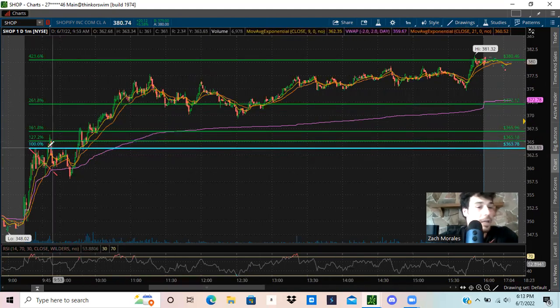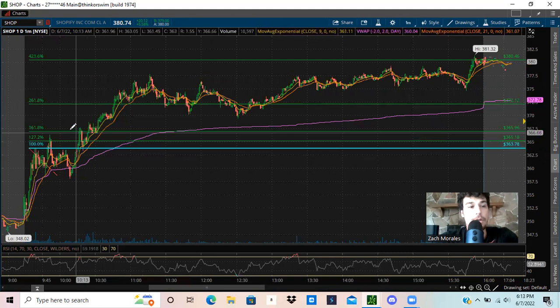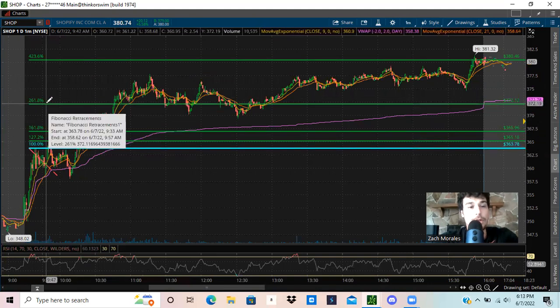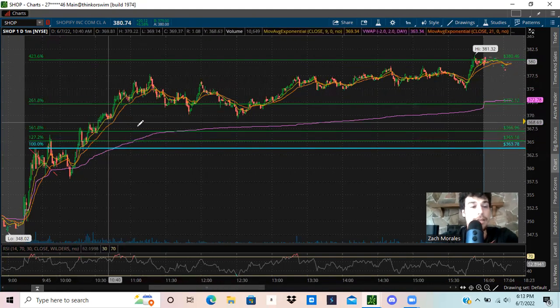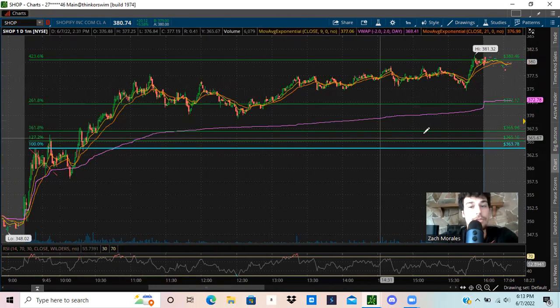A lot of times, what I like to do is wait for the breakout above the 100% and play the 161.8. But you can always look to get some of these bigger plays if there's much more room in the play. This is a very small time frame we're looking at right now.